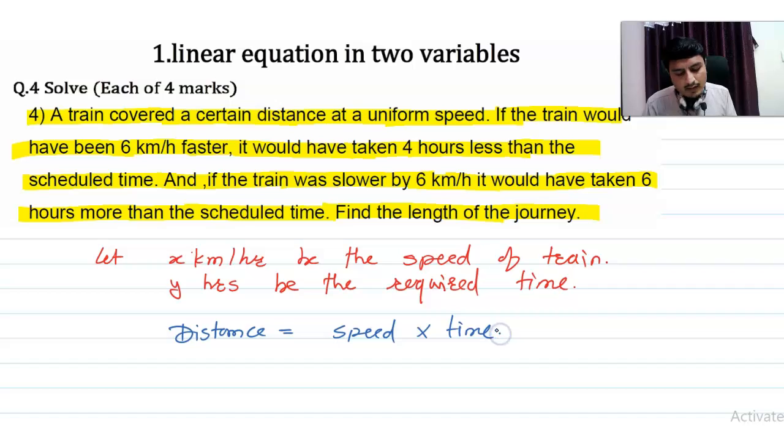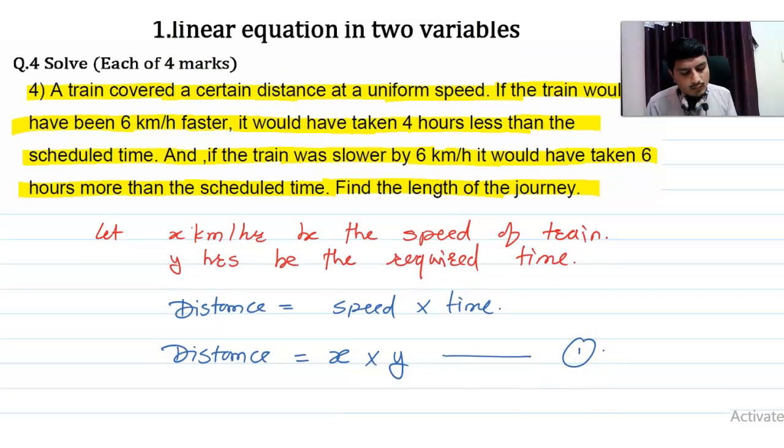So the required length of the journey, or distance covered, equals speed x kilometer per hour into time required y. So the distance, or length of journey, equals xy. Let's call it equation number 1.